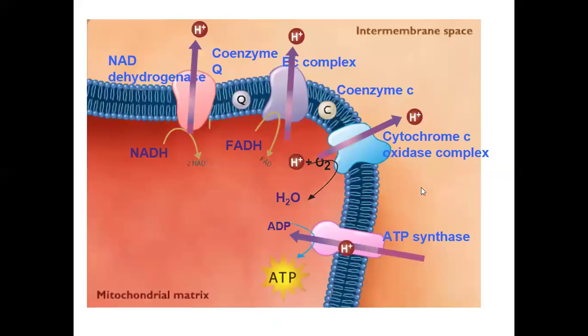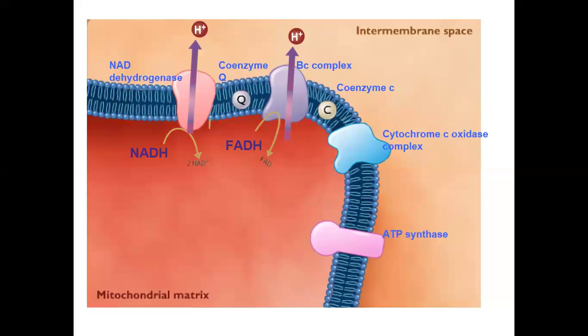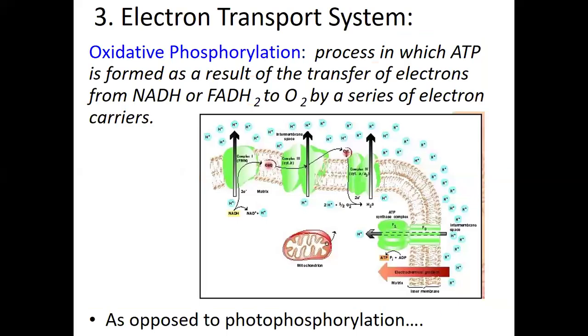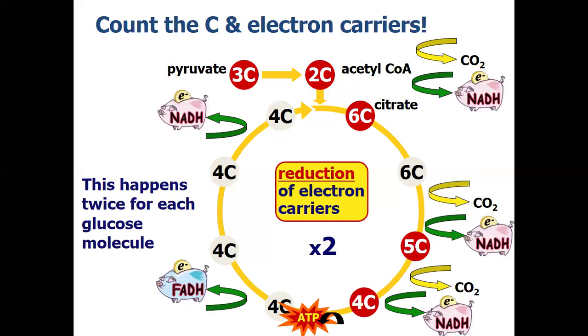So if you look at this place, you can see FADH2 and NADH. These are the ones that help to donate the protons that enhance the movement of electrons from one complex to the other. This NADH and FADH are being produced from the Krebs cycle here.